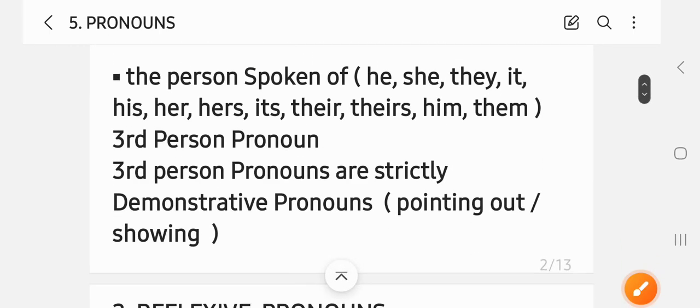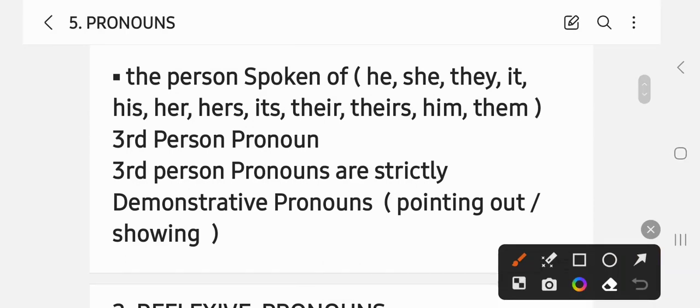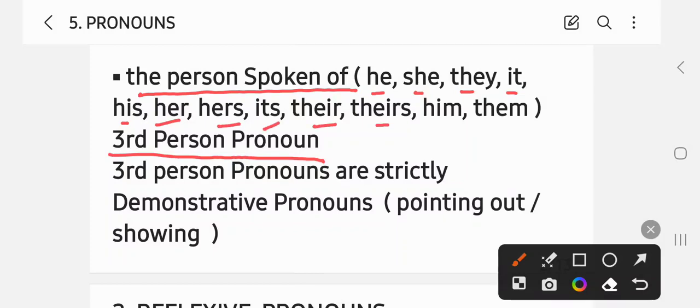The third kind of personal pronoun is used for the person spoken of, somebody who is spoken of. This is the third person pronoun. He, she, they, it, his, her, hers, its, their, theirs, him, them.